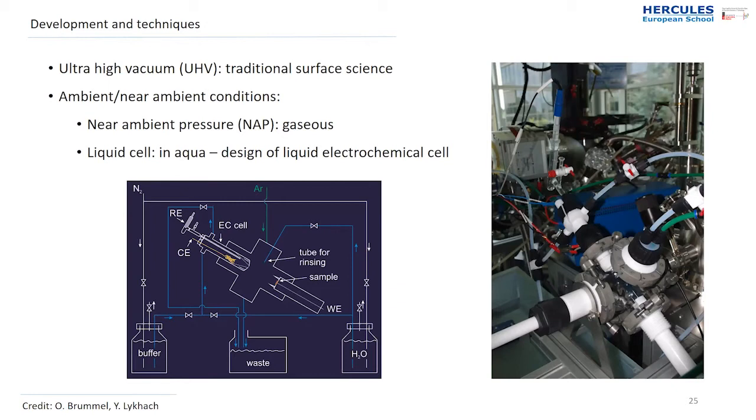Usually you don't have a combination of electrochemistry and surface science, the kind of ultra high vacuum technique, because you are using electrolytes that are usually acidic, and this is not the perfect material to be used in ultra high vacuum chambers where you want to keep things very clean.